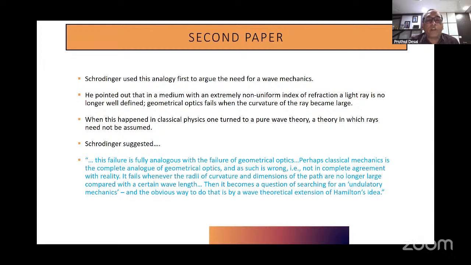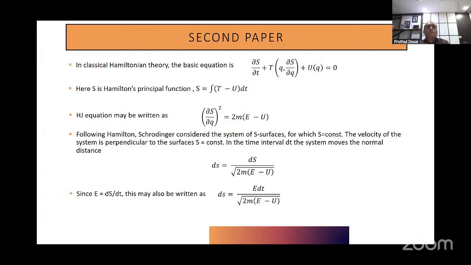And the obvious way to do that is by a wave theoretical extension of Hamilton's idea. So where the ray idea fails, he says that we will have to have a new kind of mechanics, which will be an extension of Hamilton's idea, which describes particles, but you take a wave theoretical extension of Hamilton's idea. So that was a crucial suggestion made by Schrödinger.